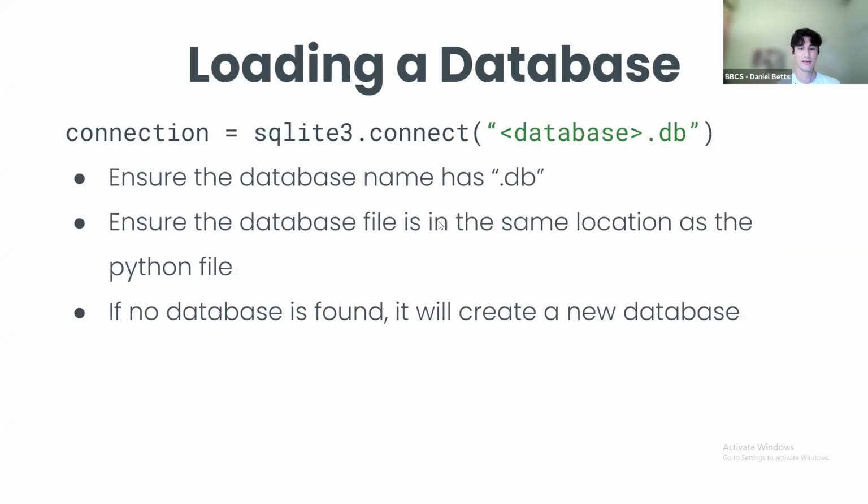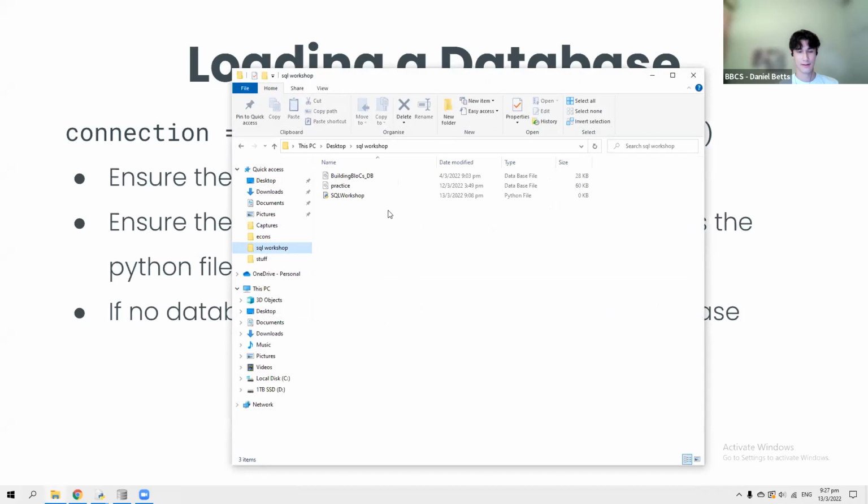Some important things to remember: in the inverted commas, you must have the .db extension. If not, it won't connect to your database and it won't work. Also ensure that the database is in the same location as your Python file. If we have a look at my file explorer in this workshop, you can see I've created a Python file in the same folder as our databases.